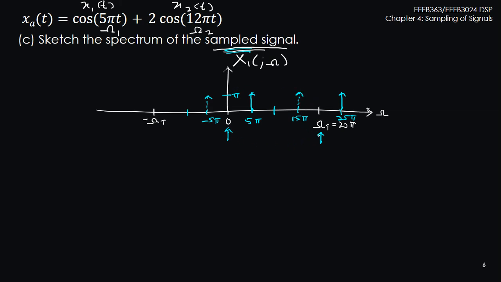This happens whenever we sample a signal. Without sampling, you will just see the original spectrum, but because we sample, it will repeat itself. And it won't just repeat itself once, it will repeat for all multiples of omega t. So at negative omega t, you will see this as well.